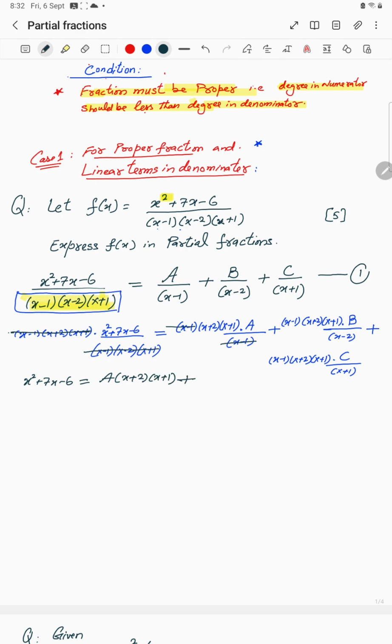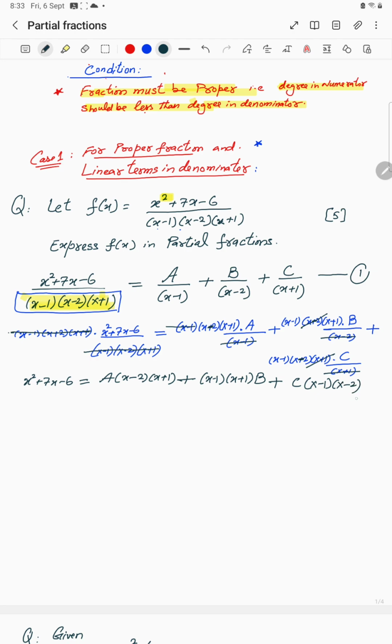Plus, here x minus 2 will cancel, with B we get x minus 1 times x plus 1 times B. And with C, when x plus 1 cancels, we get x minus 1 times x minus 2, right?